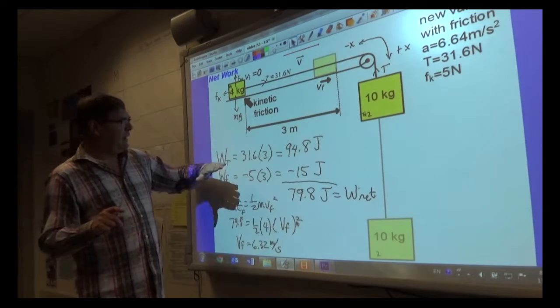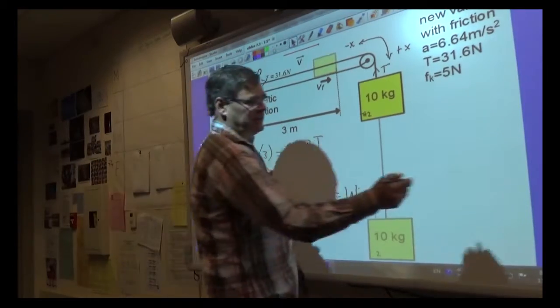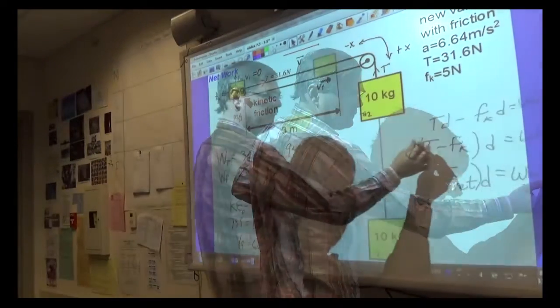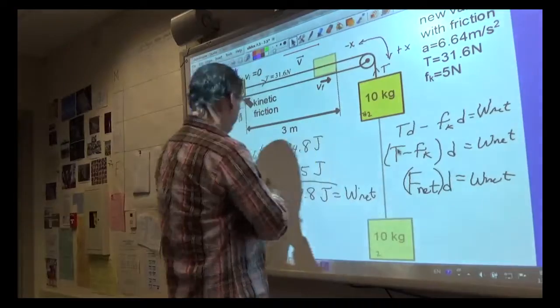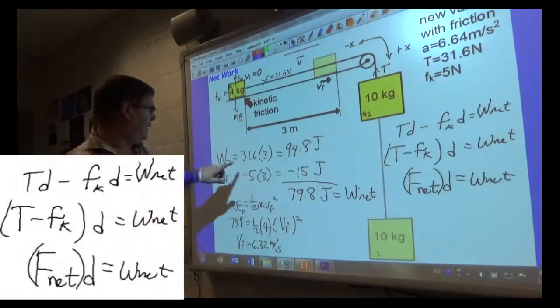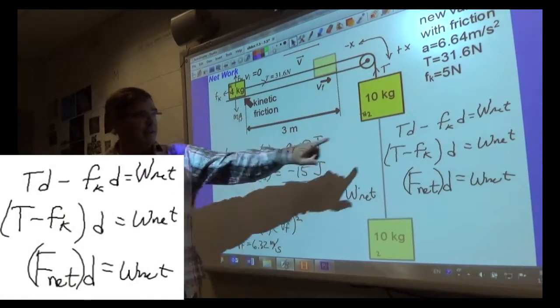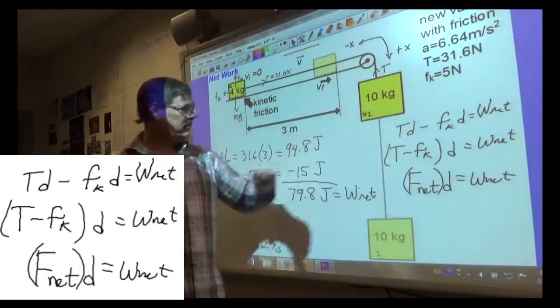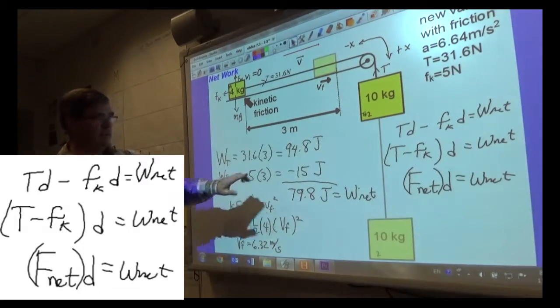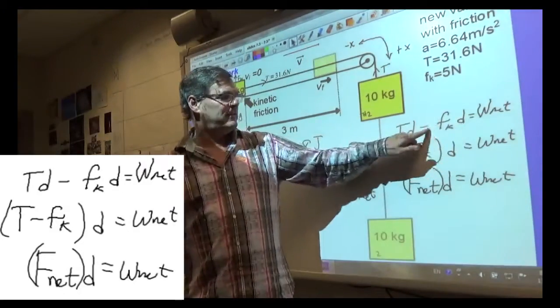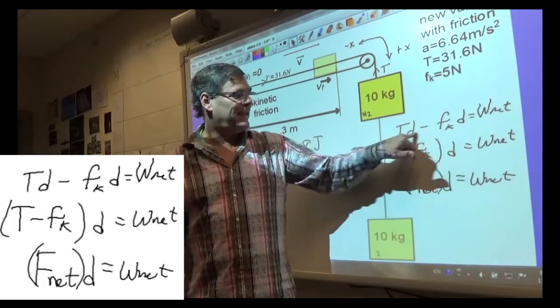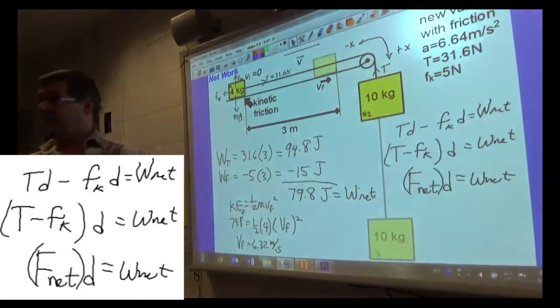Let me point out, if I write these equations algebraically, the work done by the tension is tension times distance, and the work done by the friction is friction times the distance with the negative sign. You'll notice that I can factor out the d in that equation.